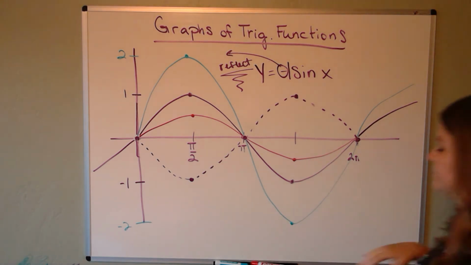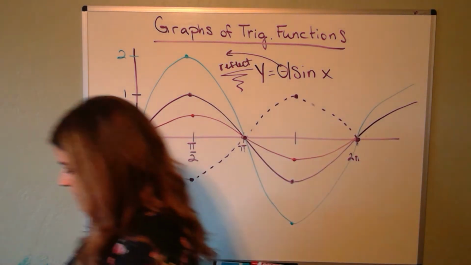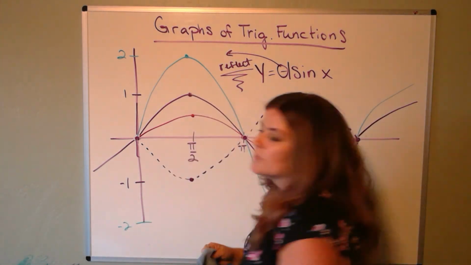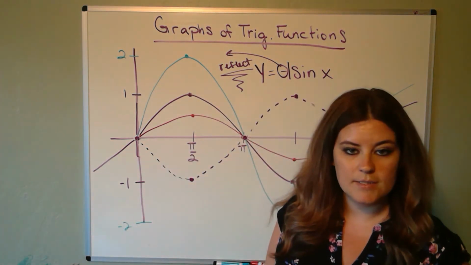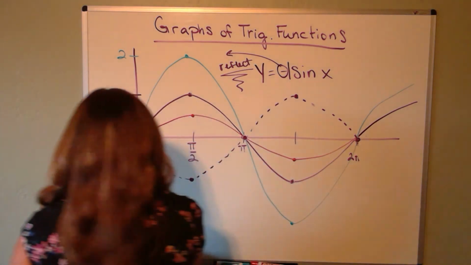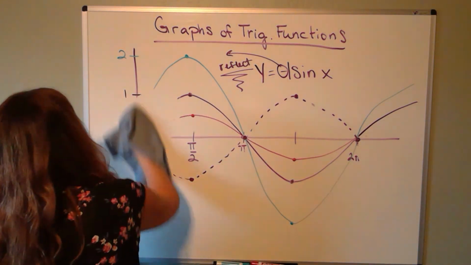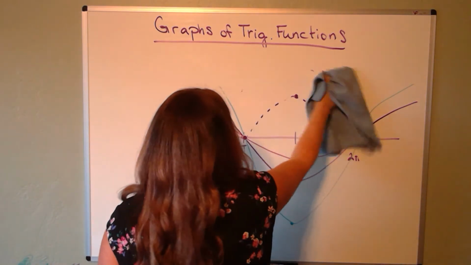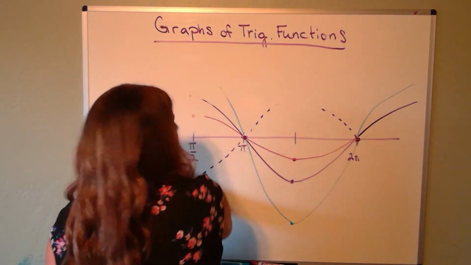I'm sorry. All right, so next, I am going to erase because we're getting a little crazy here. But I'm going to draw another blank graph, and we are going to look at cosine.